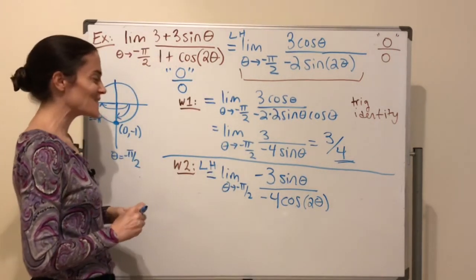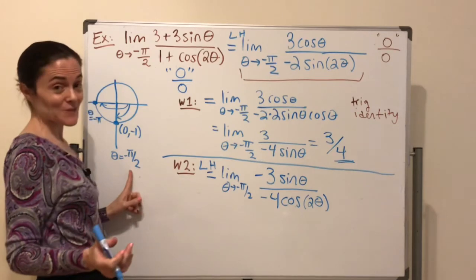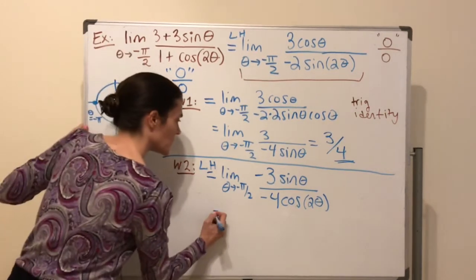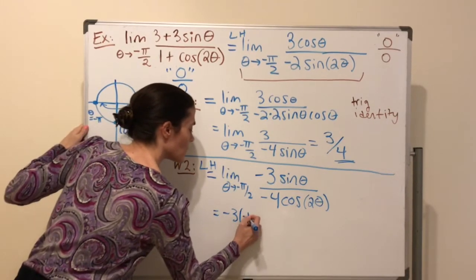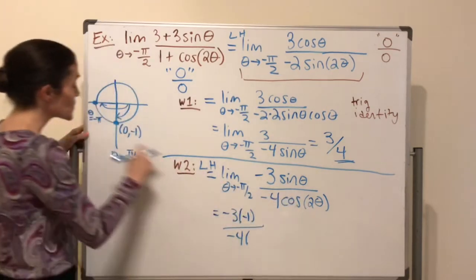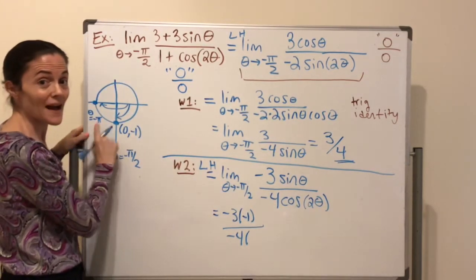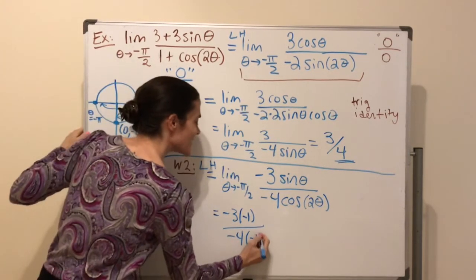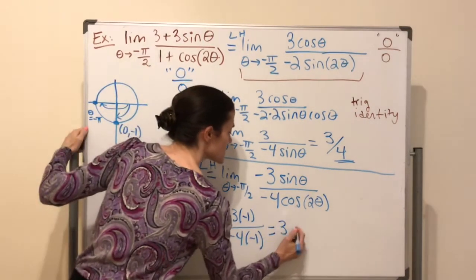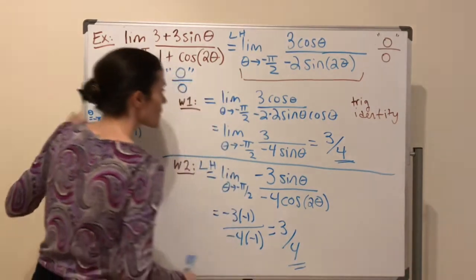Right? So far, so good. Sine of minus pi over 2 is negative 1. Cosine, this would be cosine of minus pi, which is also negative 1. And you see, well, we have 1, 2, 3, 4 minus signs. It's positive 3 over 4.